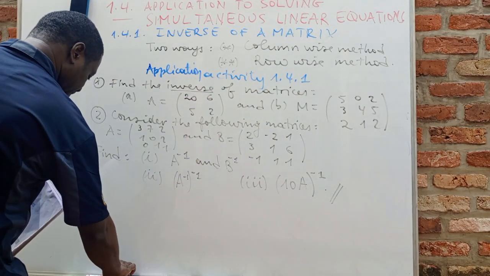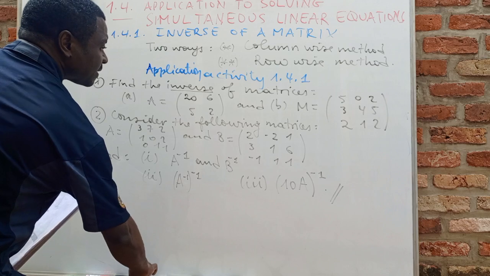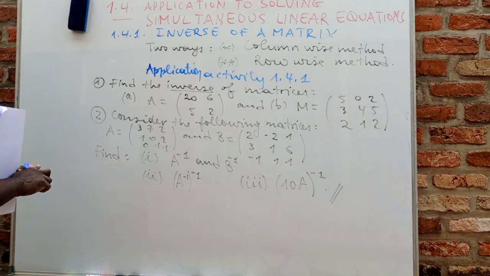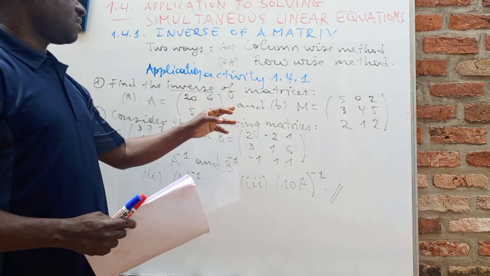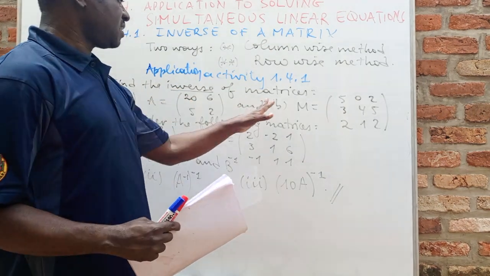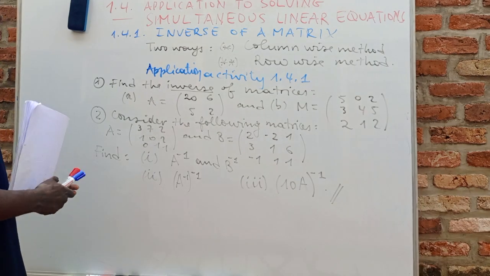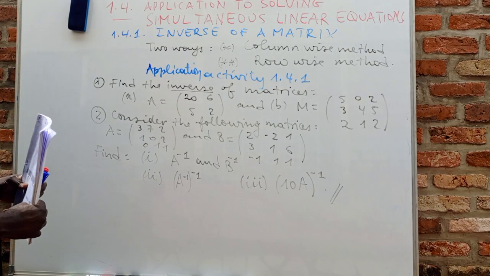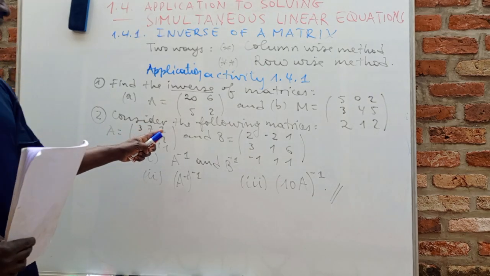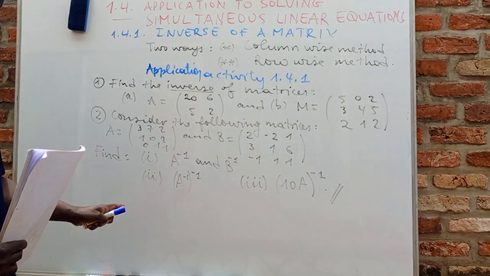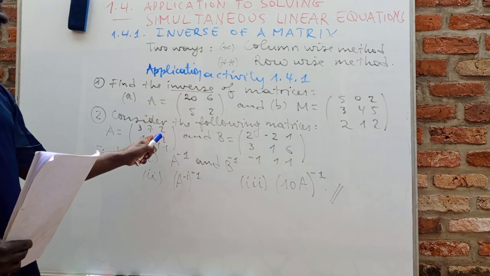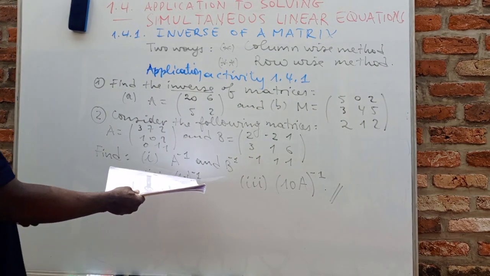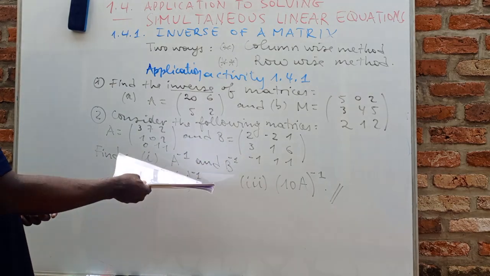Okay, so now activity 1.4.1. What you have to find here is the inverse of the given matrix A and matrix M. The second question is about two matrices A and B, and we need to find the inverse of one and the inverse of the other. Then we apply properties, inverse of inverse.